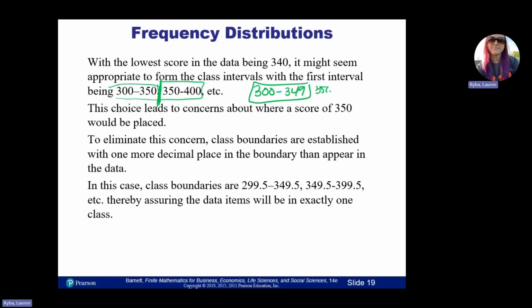We want 350 to start the next group. So you can cut everything back by a half. So 299.5 to 349.5 would account for all of those scores. And then 349.5 to 399.5 takes that 350 to the 399, so on and so forth. So this book has us shift it back by a half.